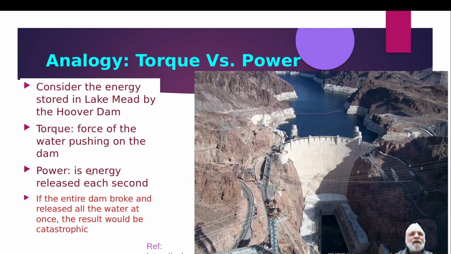And then the power is the energy that is released every second. So the torque is like the pressure or the force that is there, but it's not moving. Power needs to actually be moving.